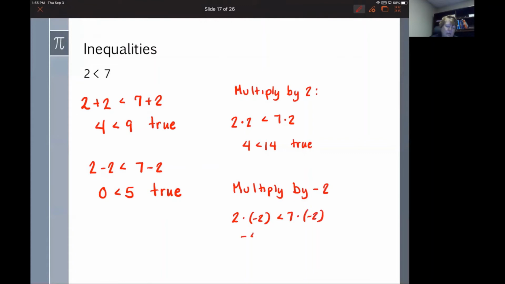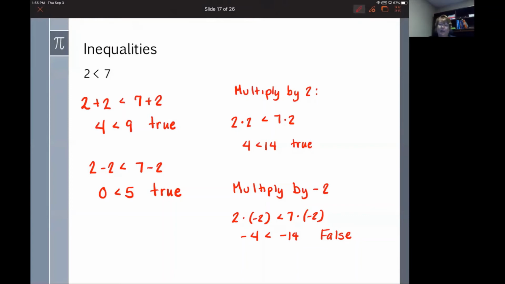So I have -4 is less than -14. That is false. -4 is greater than -14. -4 lies to the right of -14 on the number line. -14 is farther left than -4, however you want to think about it. That is not true.